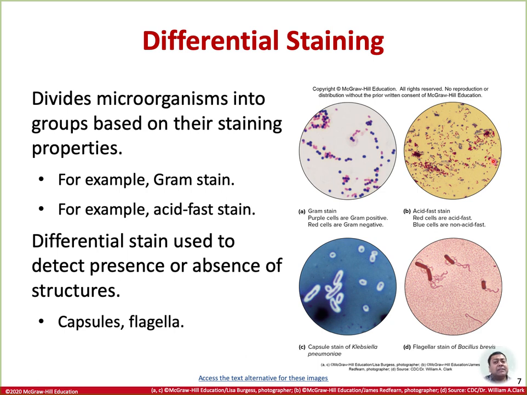They take up the red stain first, but they are decolorized by the acid alcohol, and then they pick up the second stain, methylene blue, and appear bluish in color.